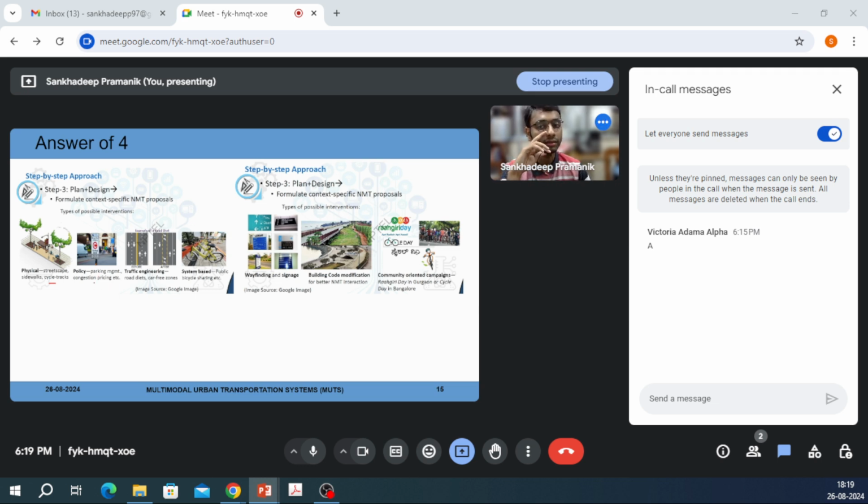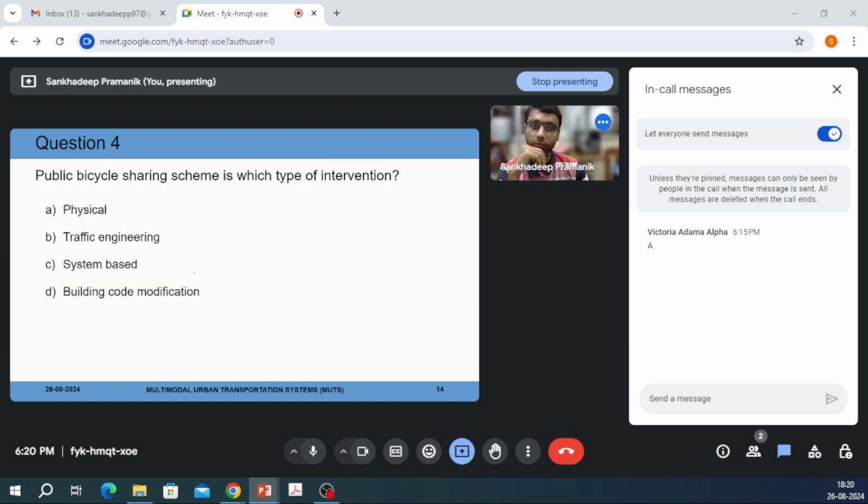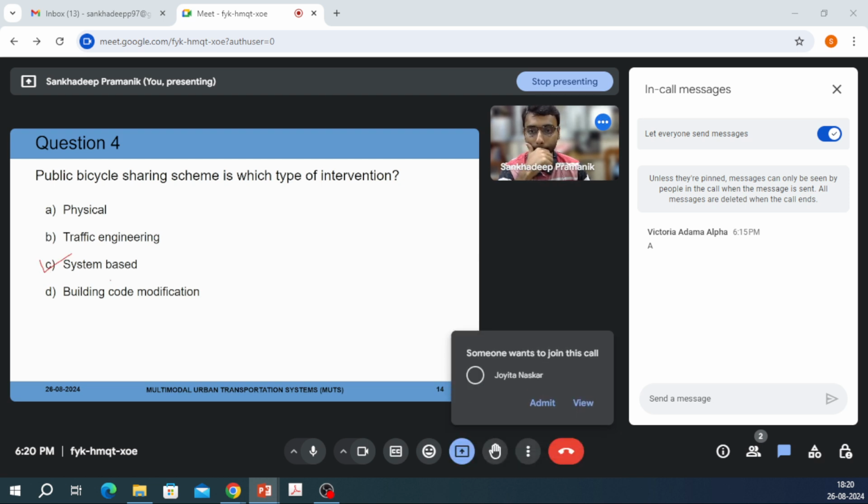This kind of policy decision or some traffic engineering interventions we can do. And public bicycle sharing scheme is a system based intervention, where this bicycle sharing scheme is actually a system. So we can say it is a system based intervention. So option C will be the correct answer.